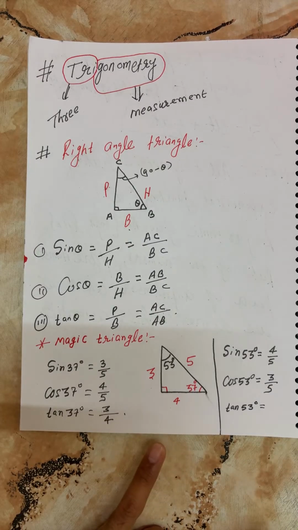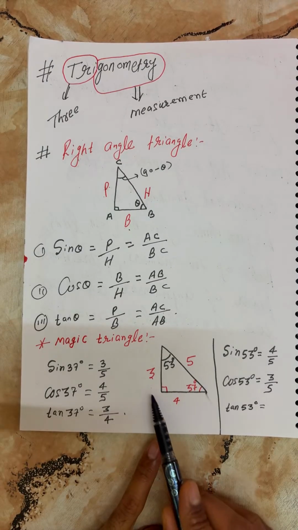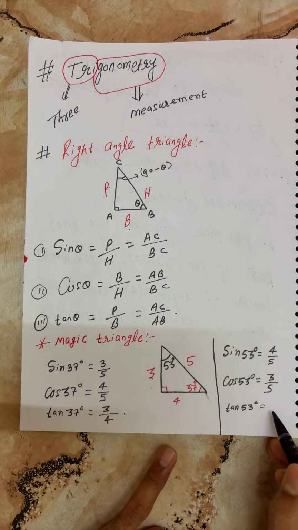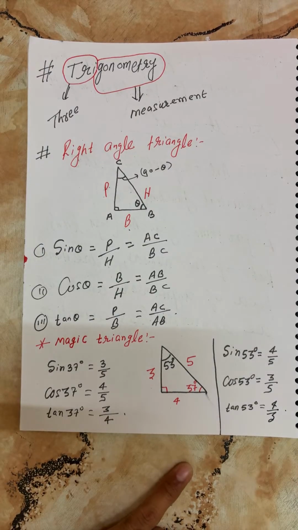So what is tan 53, beta? Tell me, everyone. That is perpendicular by base. So beta, this is the angle here, so this is perpendicular. So you can write, kids, this is 4 by 3. Right. Beta, all this will help you to understand things.